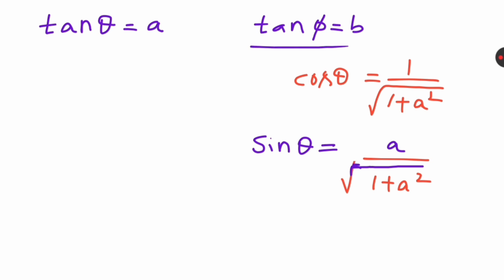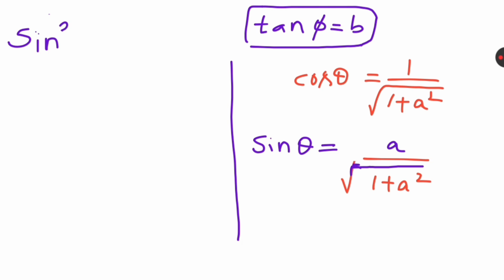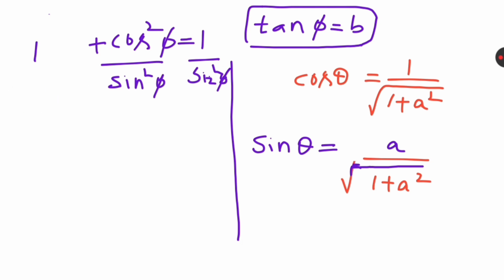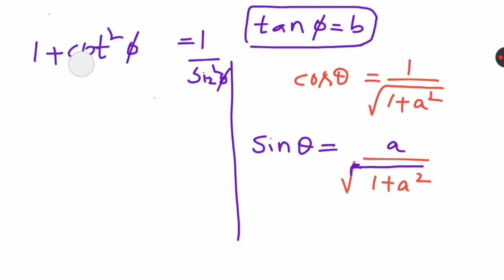Now you have to use tan pi equal to b. And you have to use the same identity, sin square pi plus cos square pi equals 1. Let's divide both sides by sin square pi. Here sin cancels, so we are left with only 1. And here cot square pi, we can write as 1 over tan power 2 pi, which is b power 2.